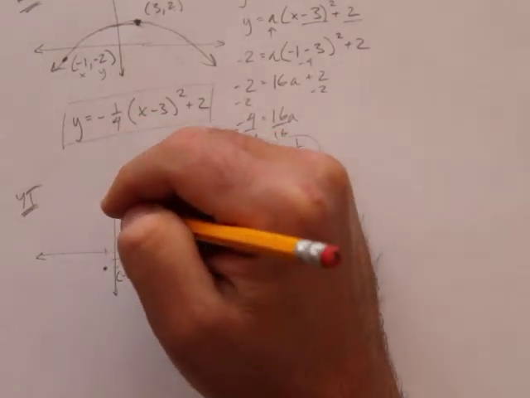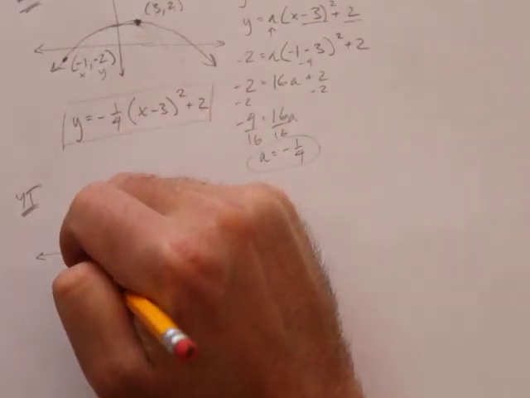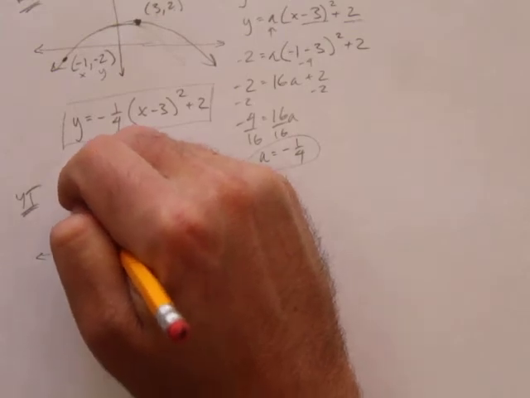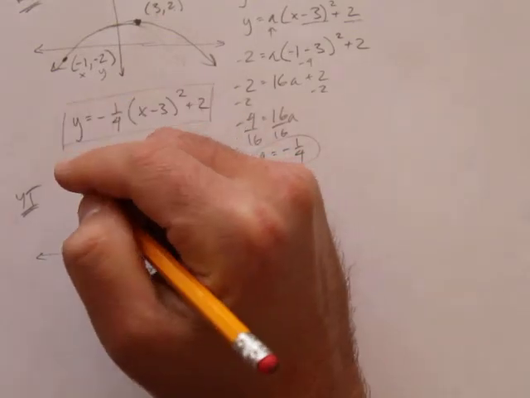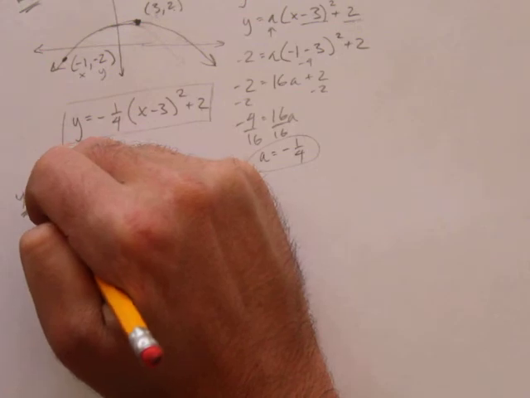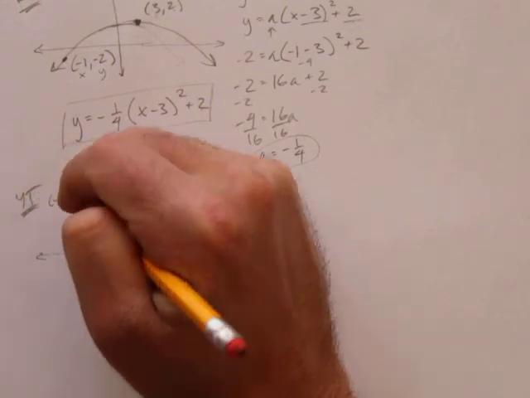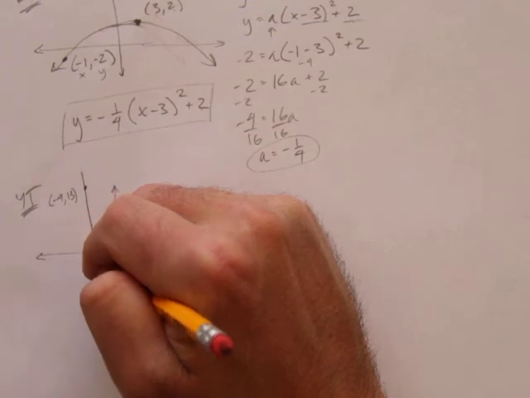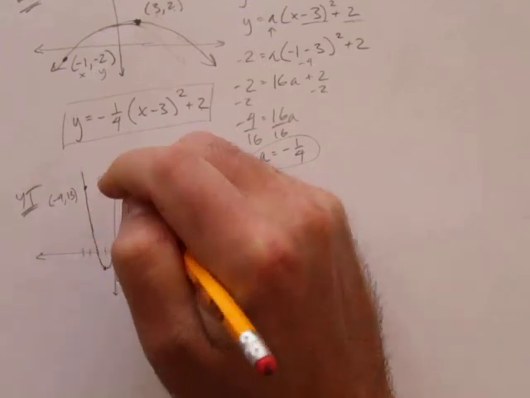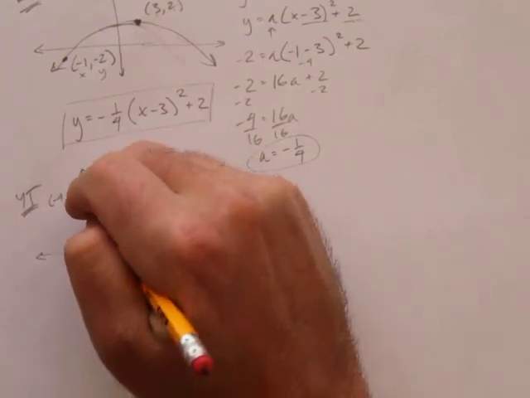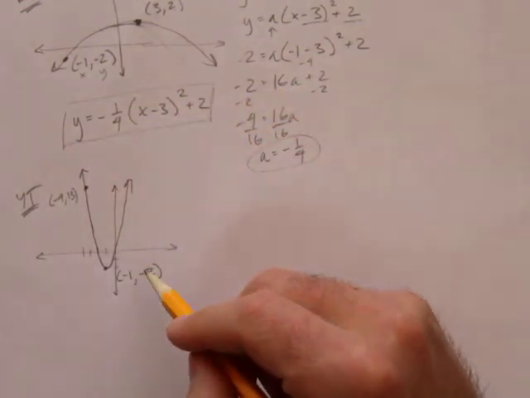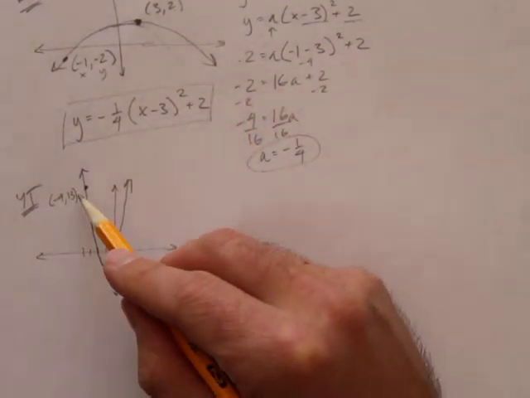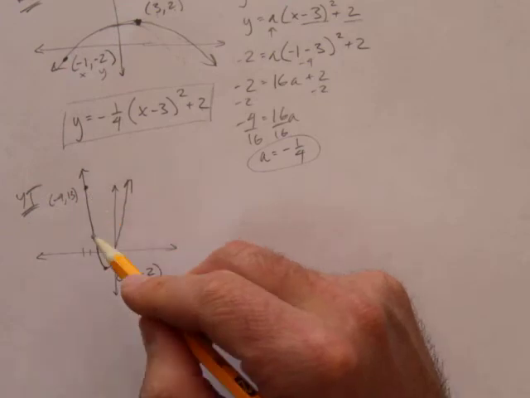And then I have another point that is 1, 2, 3, 4, -4. And way up here is going to be 13. (-4, 13) is my random point. Okay, there's my vertex. There's my point on the parabola.